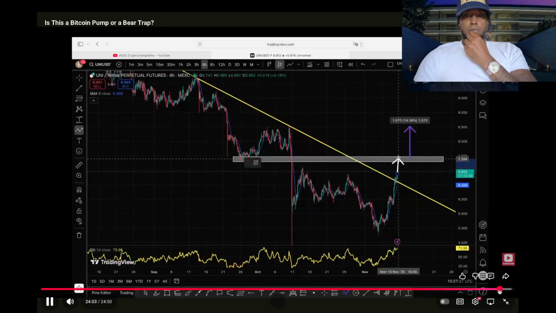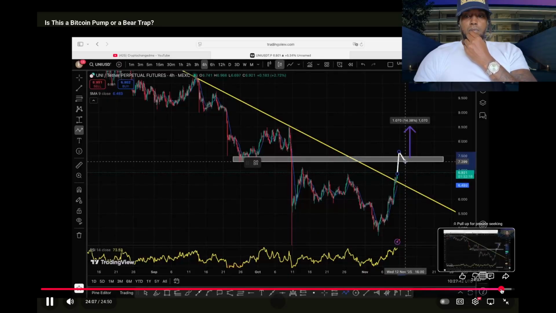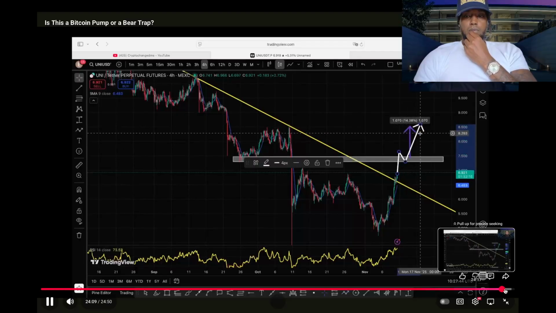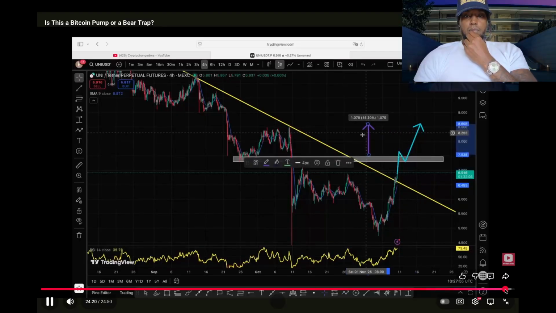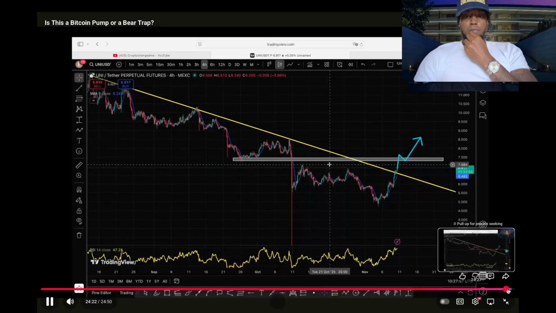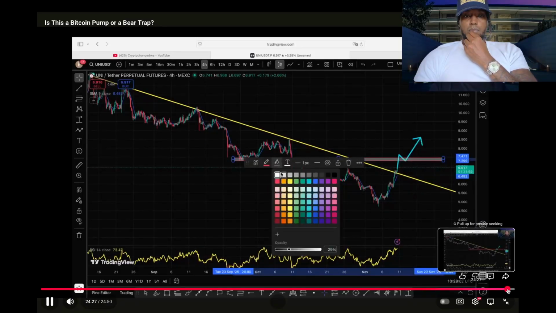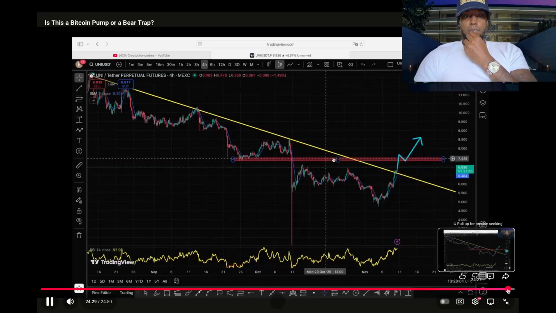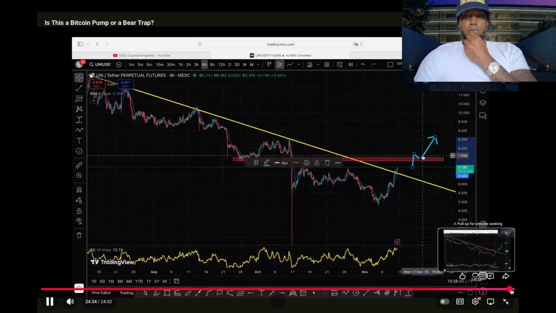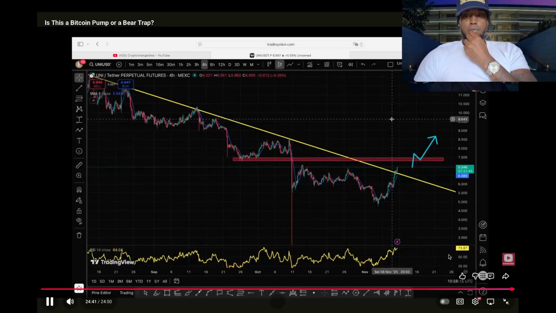You need to come up here and flip that resistance into support, and then boom, get rid of that. So this is where the sellers are. This is the scariest part when it comes to trading UNI. If we flip down, we go past this, then we come in here, then here, and here. Otherwise, all of this was a fake out. We're going straight down.